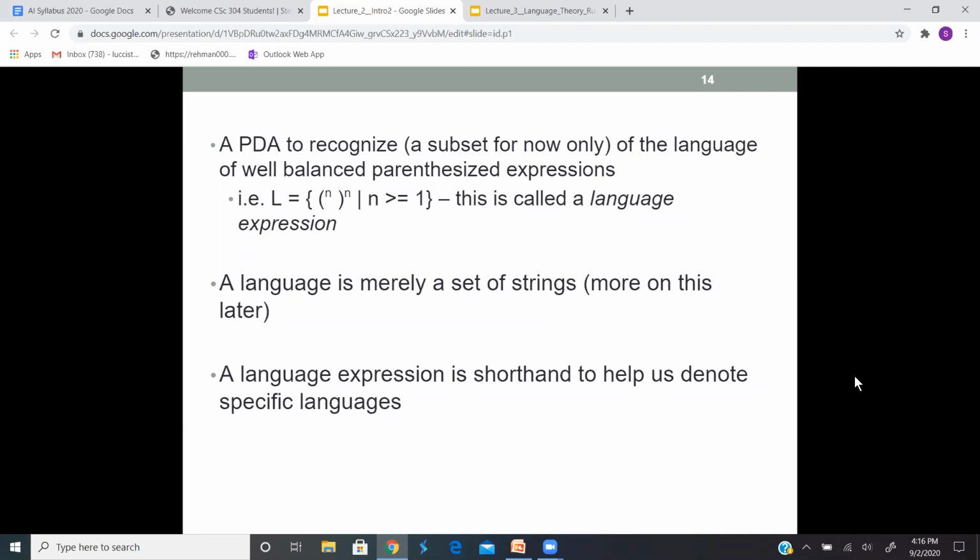It's the third line we're reading together. So the language expression is what's written here. The language is what this expression is denoting. So a language, the middle bullet, is merely a set of strings. And again, we're going to be defining those terms, I promise, a little bit later. So a language expression is shorthand to help us denote specific languages.